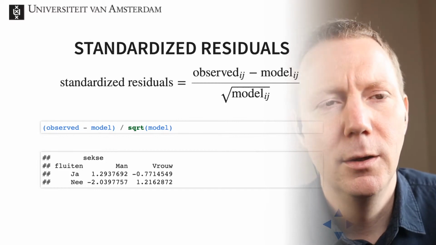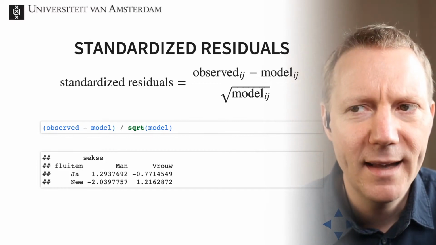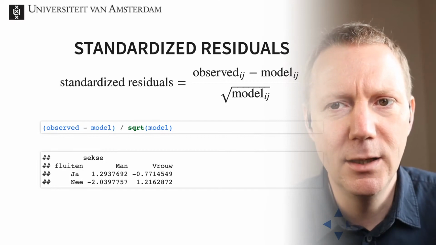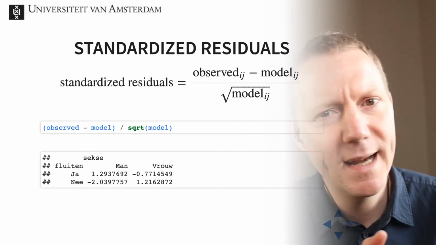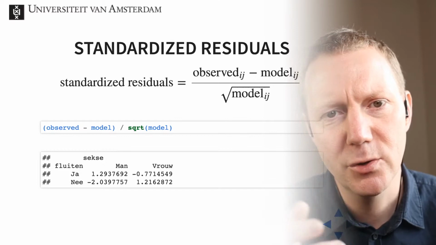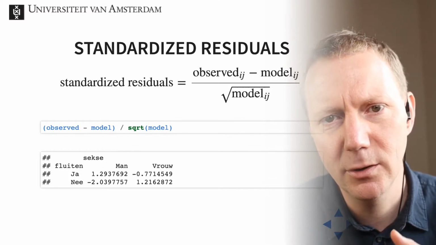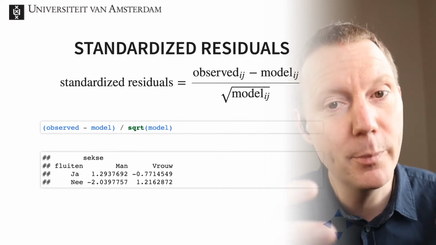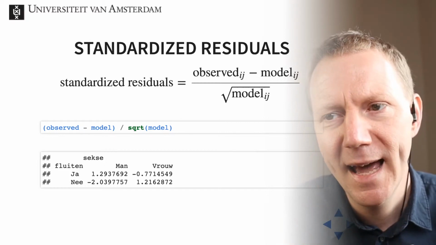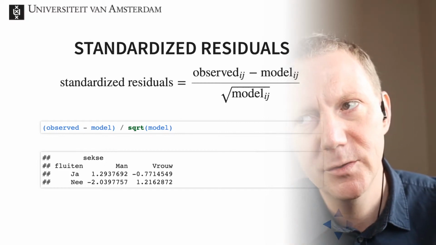But if you do that, then you always have to relate it to the scale that you're measuring with, and in this case the scale is the amount of people in each cell, and that could vary from experiment to experiment.